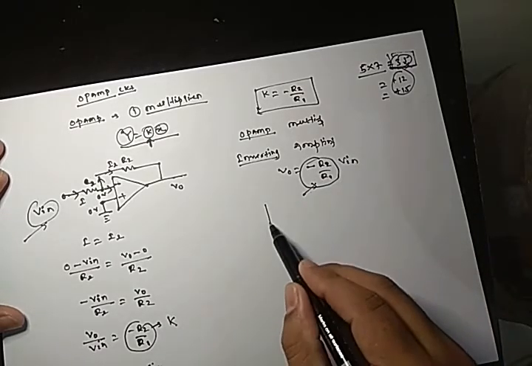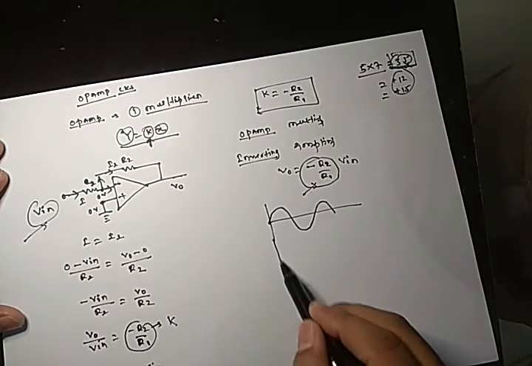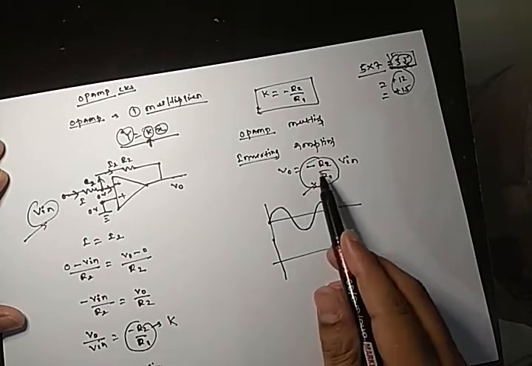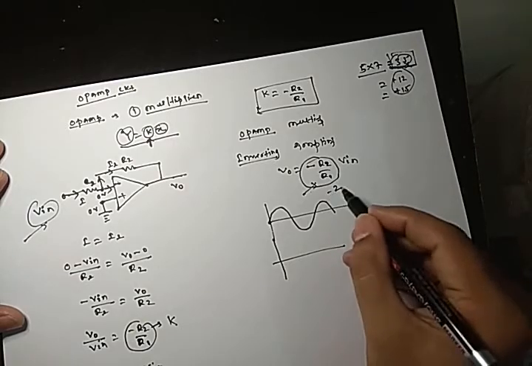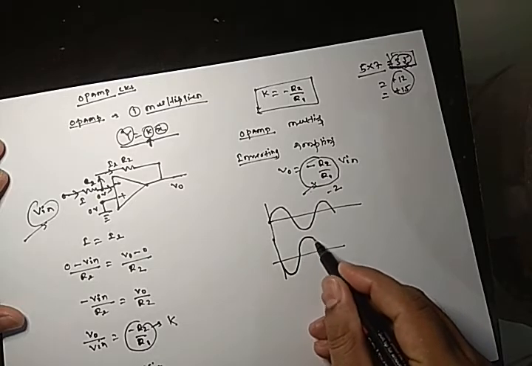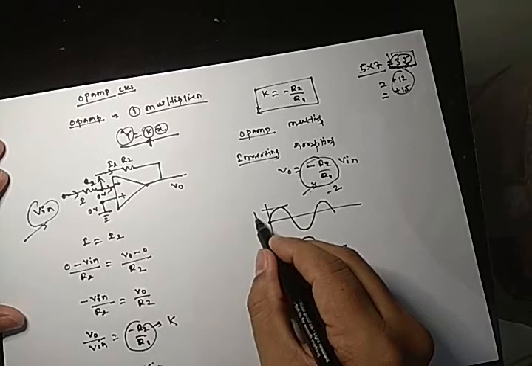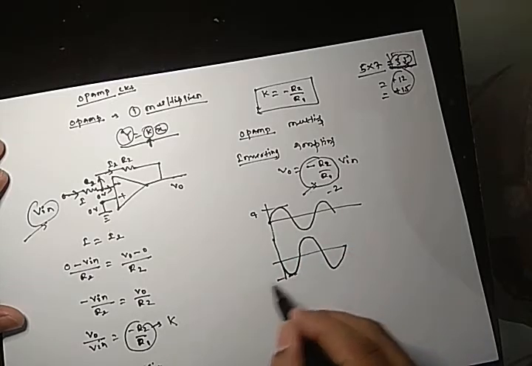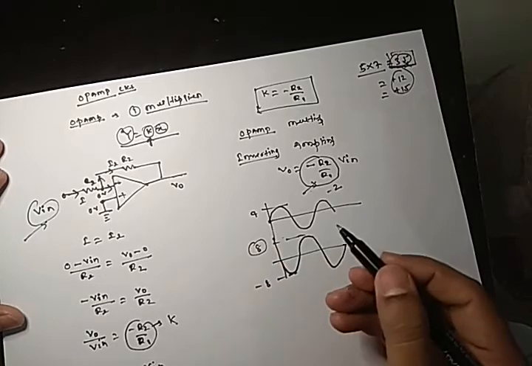If suppose Vin is 2, the output will be minus 2 times the gain. Suppose the gain is 4, then this will be minus 8, and this will be plus 8.